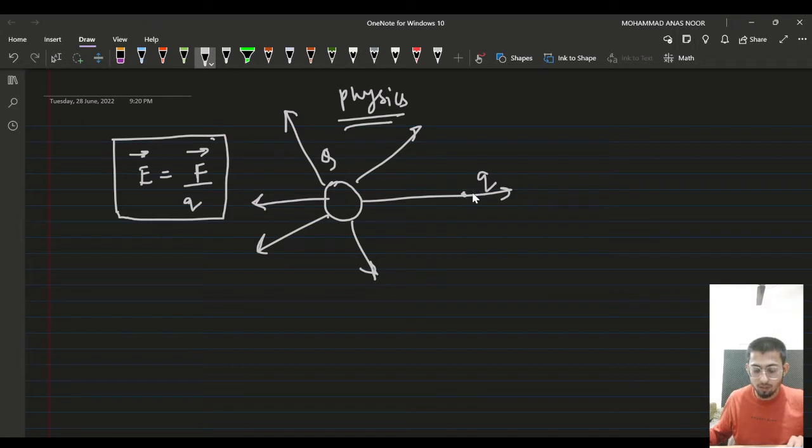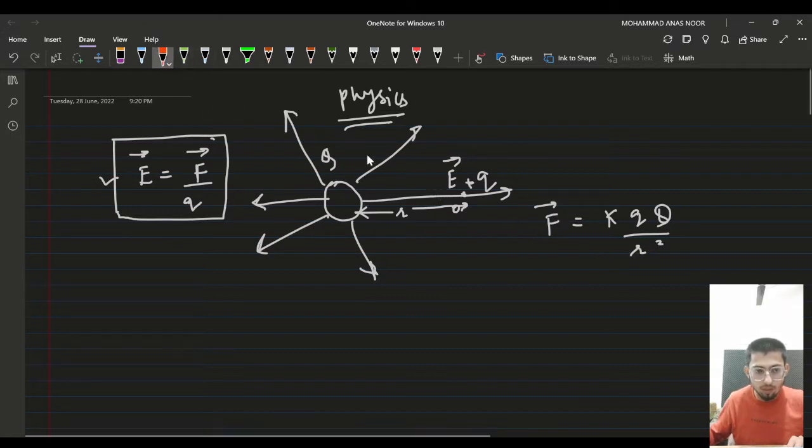We want to find the electric field at this point O. So this is the positive charge, right? So the electric field is just the force experienced on this charge. What is the force experienced? K Q q upon r squared, Q times q divided by, let's suppose this is r squared, and since this is a vector, let's say we draw a small r cap here in this direction.